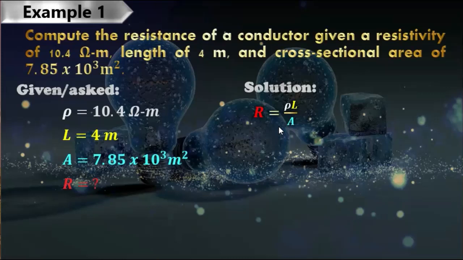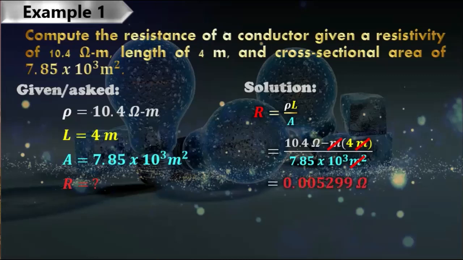Input the formula and substitute the resistivity and the length divided by the cross-sectional area. Cancel out meter, and get the quotient. 10.4 divided by 7.85 times 10 raised to the power of 3.